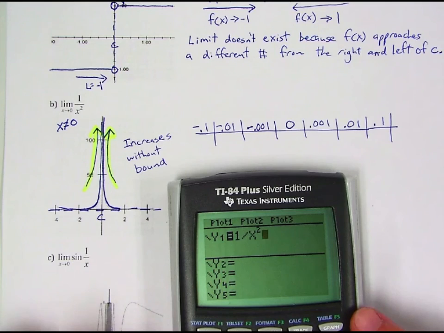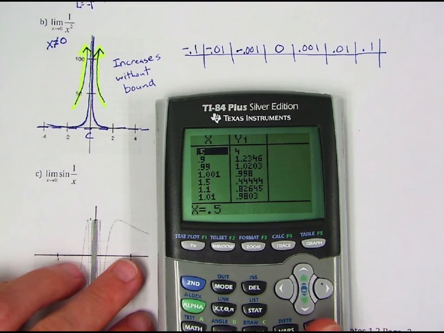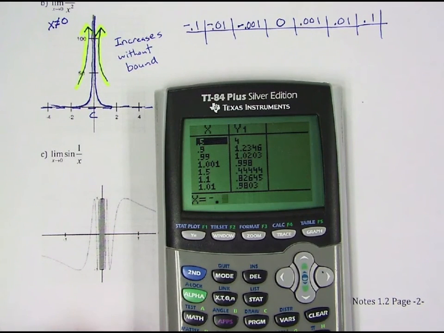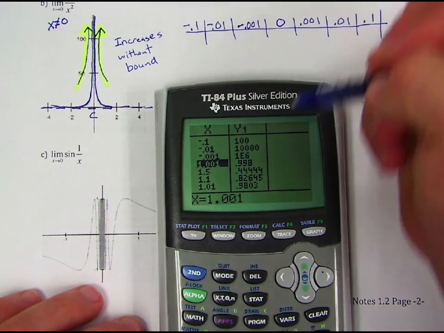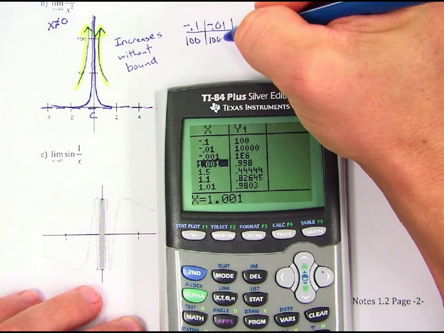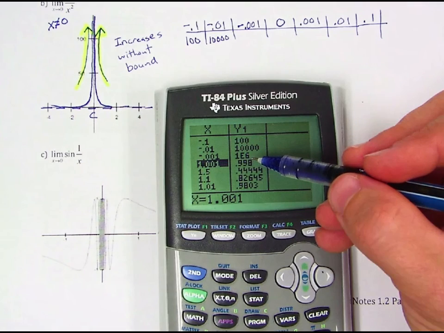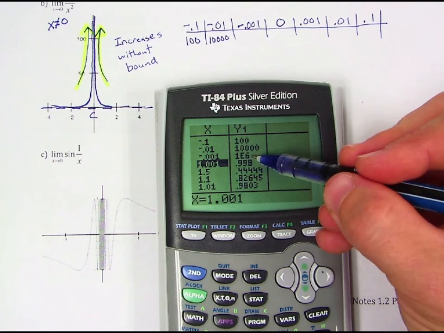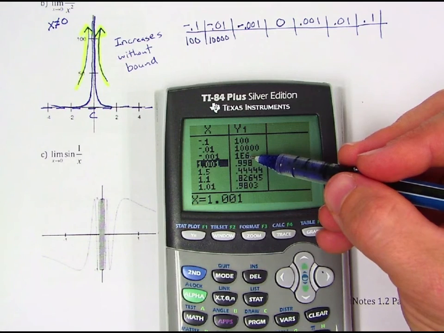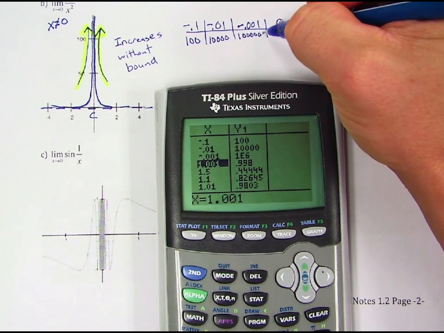And then again, I'm going to push second table. Type in negative 0.1, negative 0.01, negative 0.001. Okay, so we get 100. And then we get 10,000. And we get 1e6. So we're going to come across these exponents a little bit here. 1e6 just means add 6 zeros after the 1. So 1, 2, 3, 4, 5, and 6.